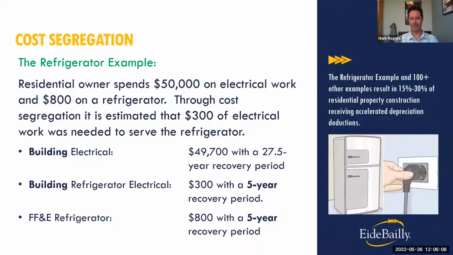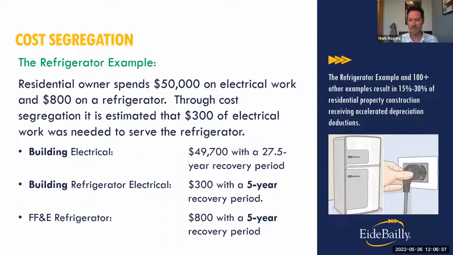All right, here is the refrigerator example. A residential owner spends $50K on electrical work and $800 on a fridge. Through cost segregation, it is estimated $300 of the electrical serving that fridge is spent. And so what that will look like on your fixed asset ledger, you'll have building electrical, $49,700 with a 27.5 year life.